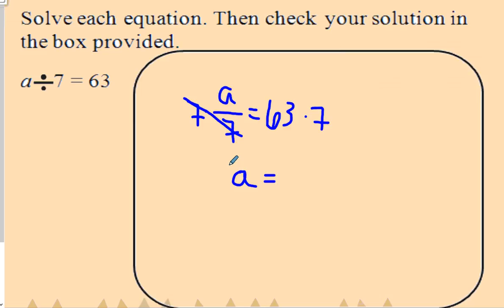Now on the other side of the equation I need to multiply 63 times 7, and I'm going to get 441. That is my answer: a equals 441.